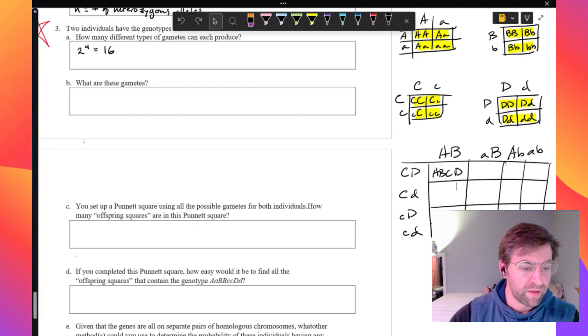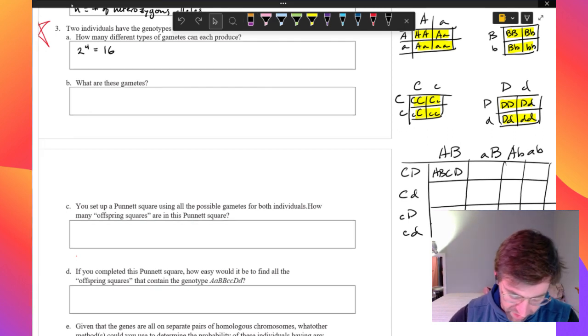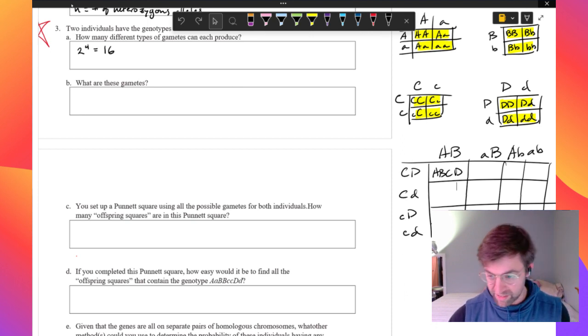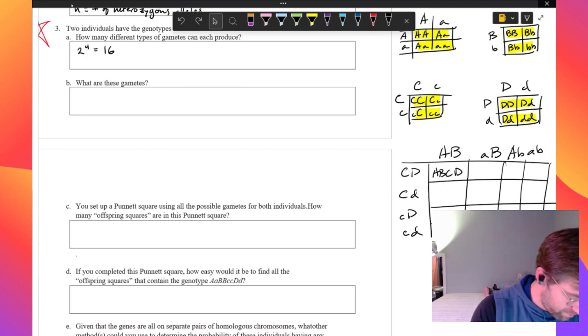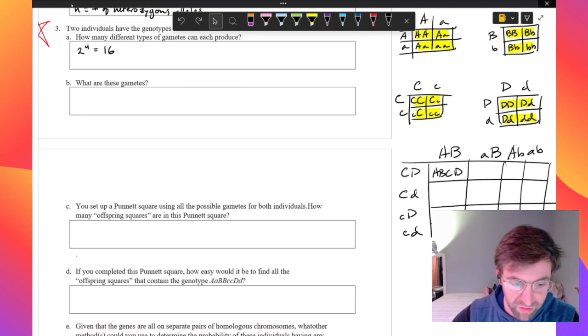Okay, you set up a Punnett square using all the possible gametes for both individuals. How many offspring squares are in this Punnett square? So if you used 16 gametes across the top of the Punnett square and 16 down the side, 16 times 16 gives you 256.